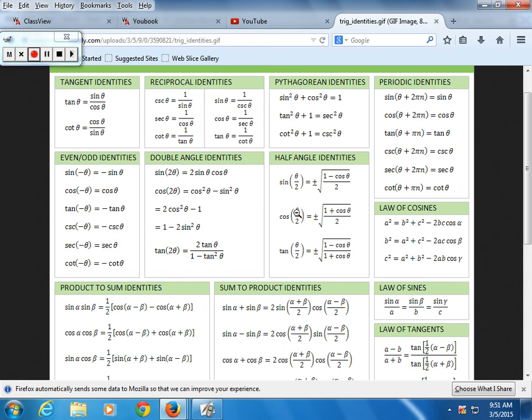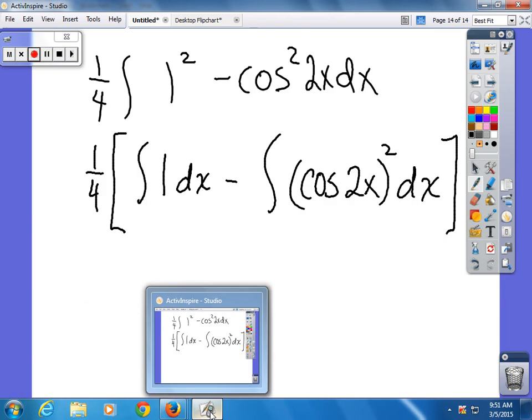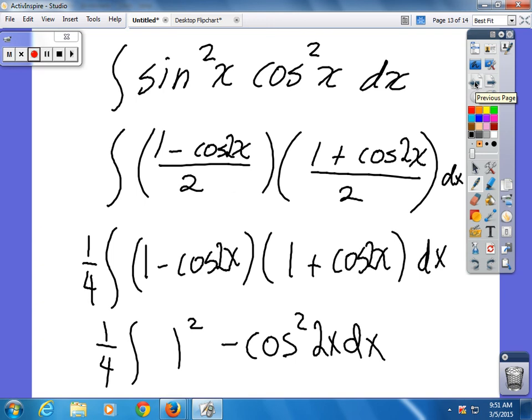Well, the way this works out, since this is cosine, hold on, let me get out of this. Back here, cosine squared and sine squared by the half angle, come out with 2 theta, 2x over 2 right here.